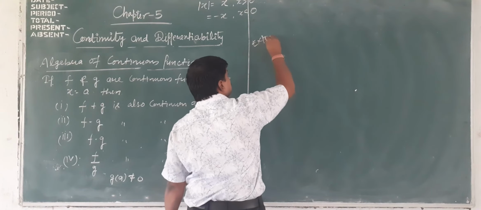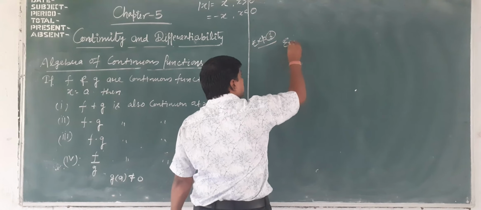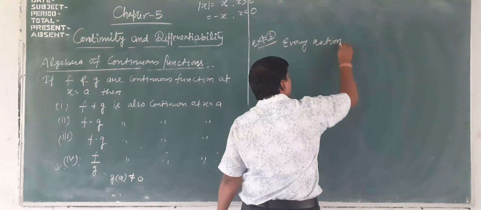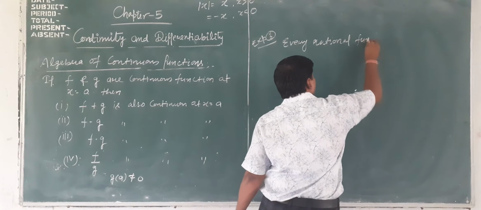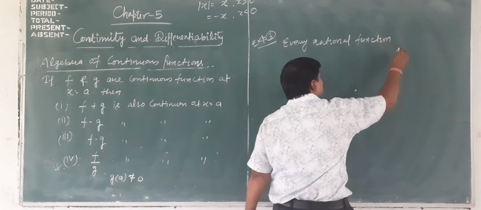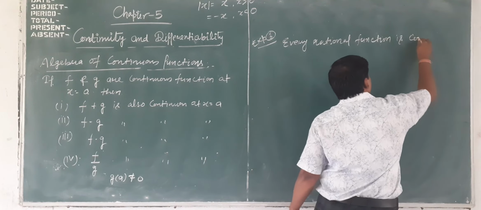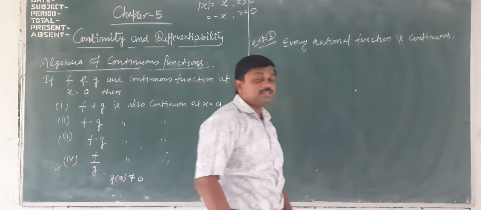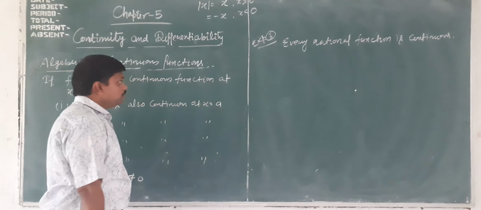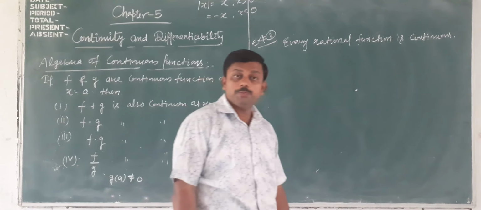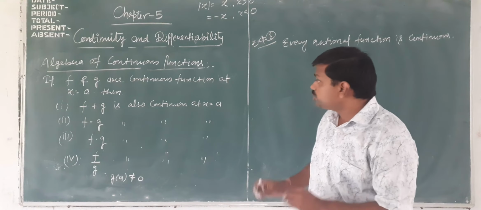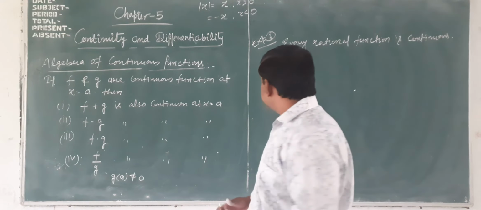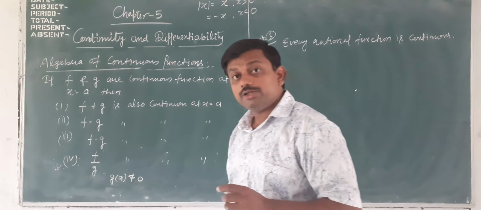Example 3: every rational function is continuous. Every rational function is continuous. Okay students, in this video we shall discuss only these things. In my next video we shall discuss that every rational function is continuous.